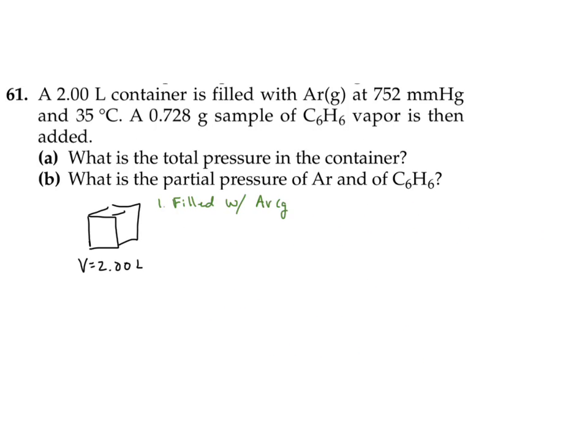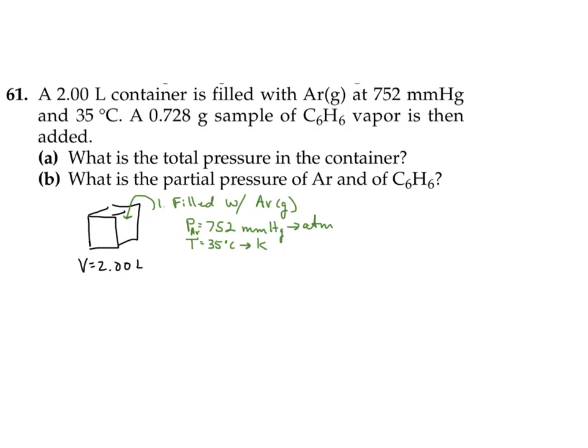is similar, okay? But in this case, it is a little different. We have 2 components, but it's kind of, to me, done stepwise. They say they have a container, and they give the volume of the container, and they say it's filled with argon. They give the temperature and the pressure of the argon.